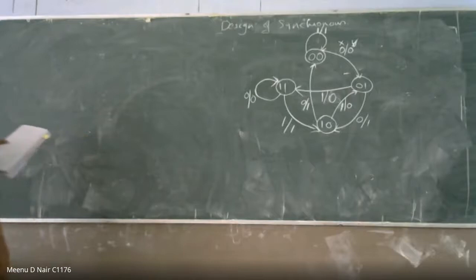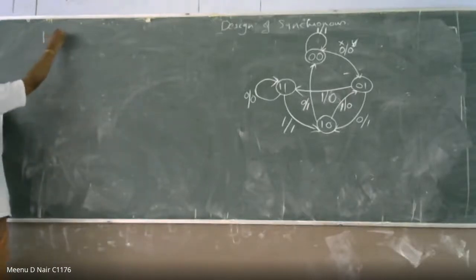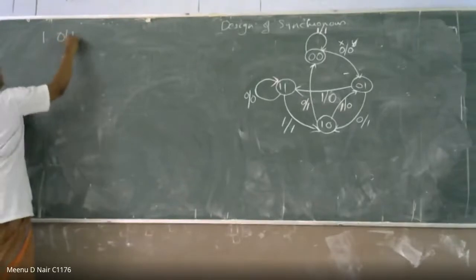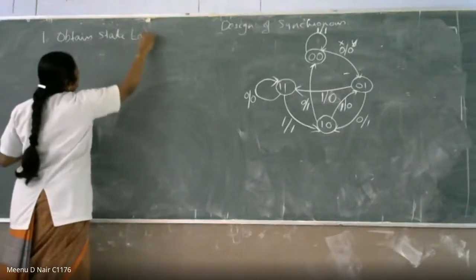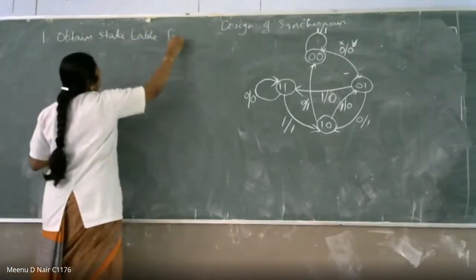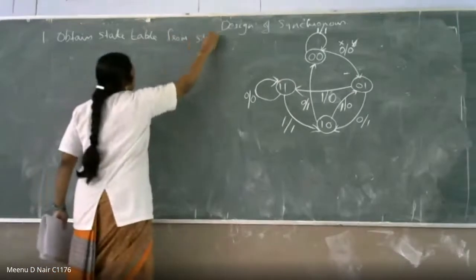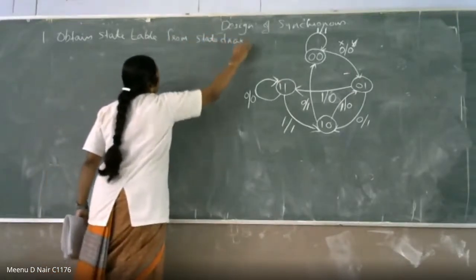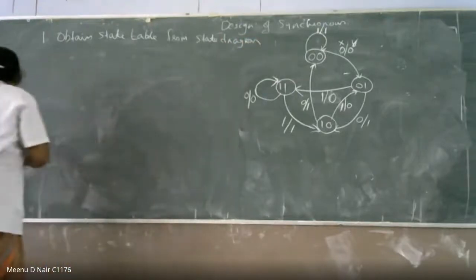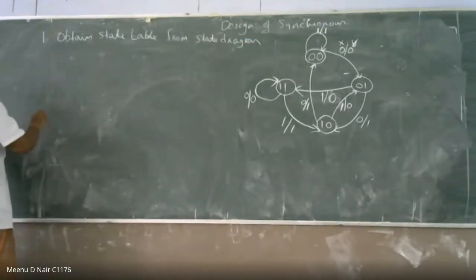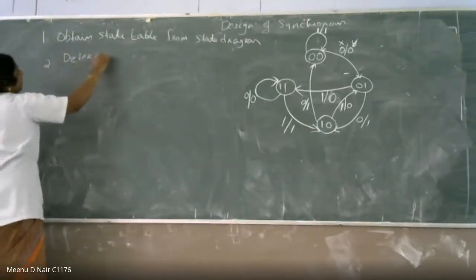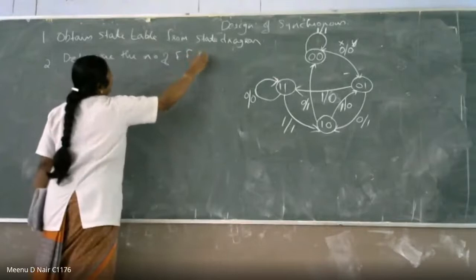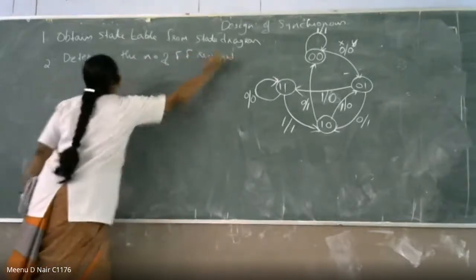So the design procedures, first point is obtain state table from state diagram. Then the second point is determine the number of flip-flops required.